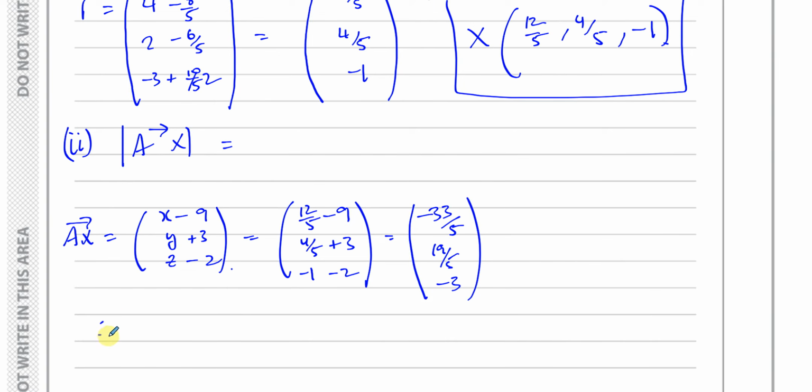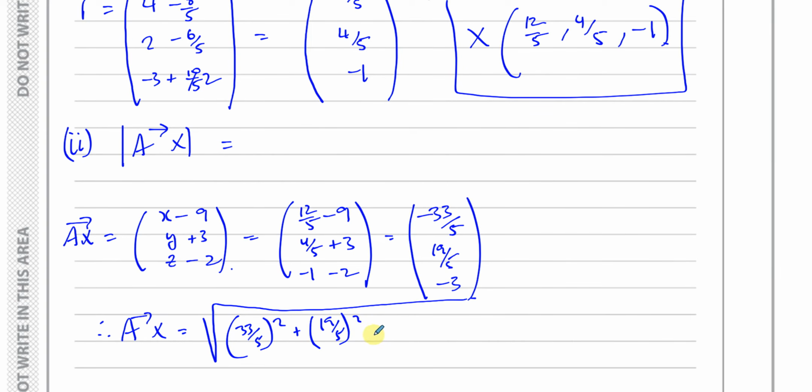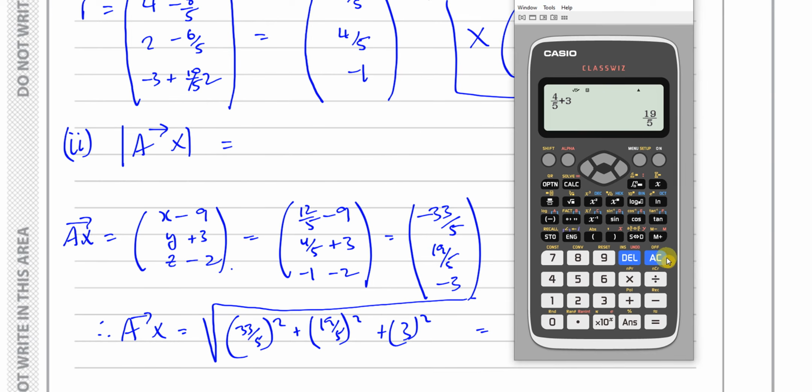Okay, so therefore the magnitude of A to X, which is the length that we need, is going to be the square root of 33 over 5 squared plus 19 over 5 squared plus 3 squared. Okay, so let's find what that is.